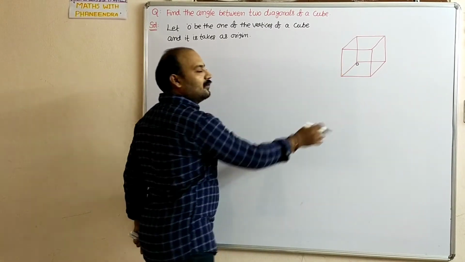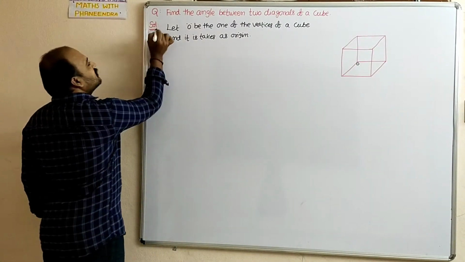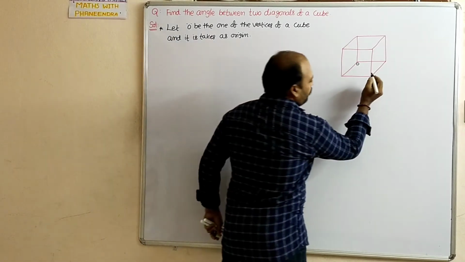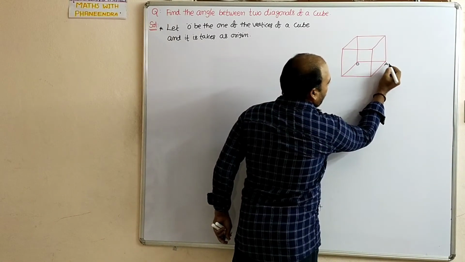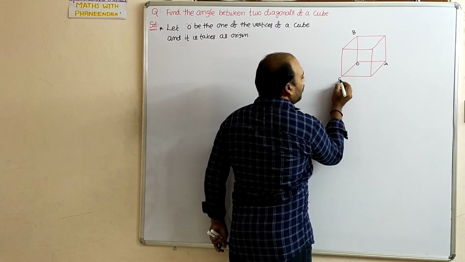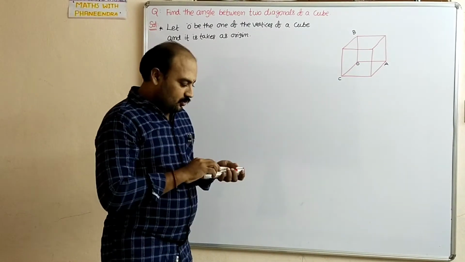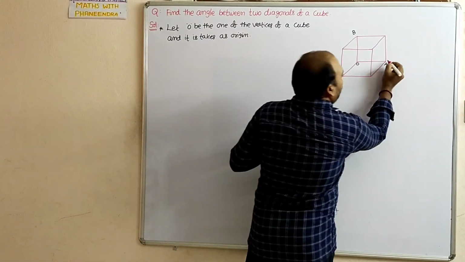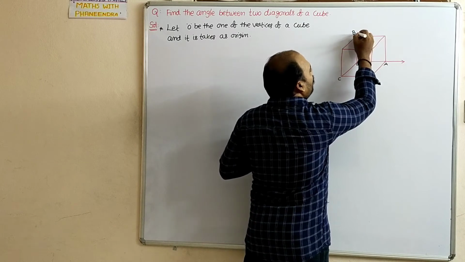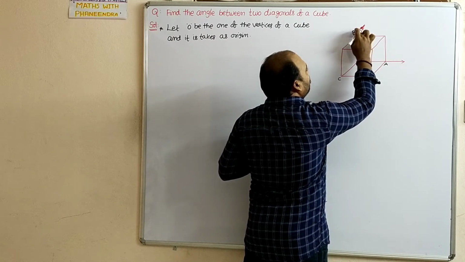No need to write here. I will mention there. This is the first point. After that, this I am taking as A, this I am taking as B, this I am taking as C point.